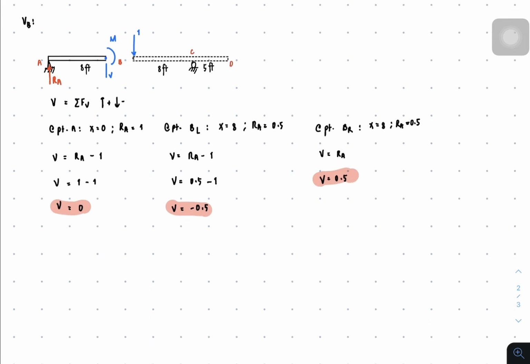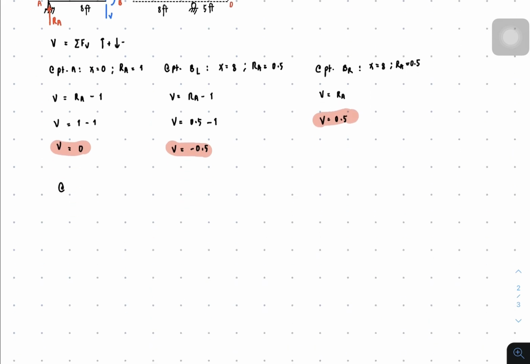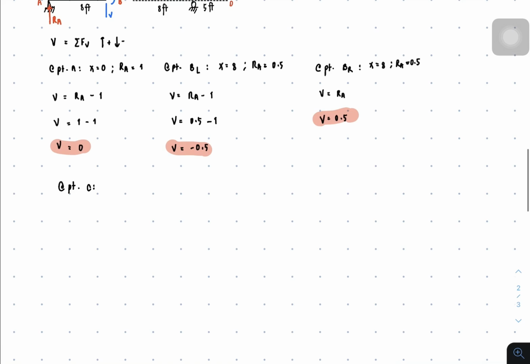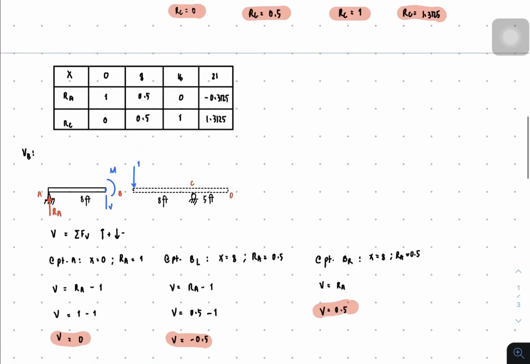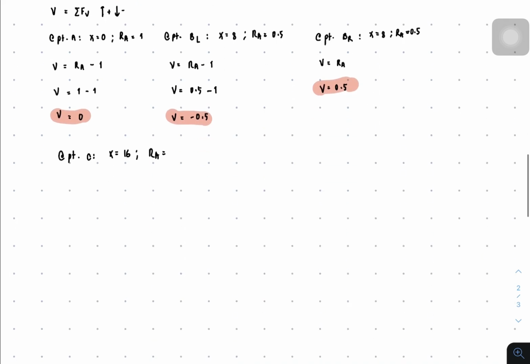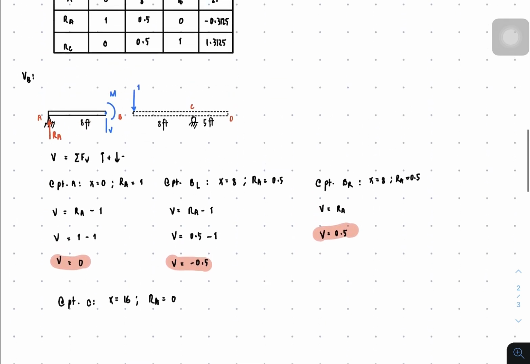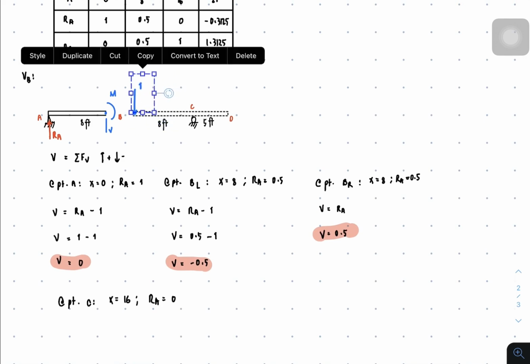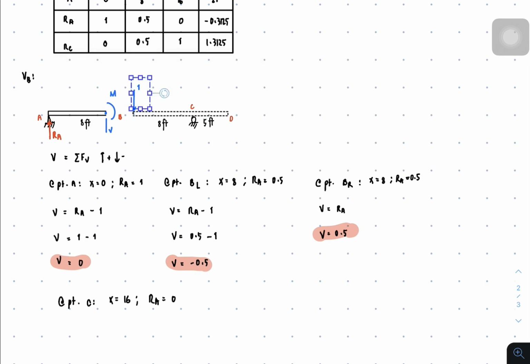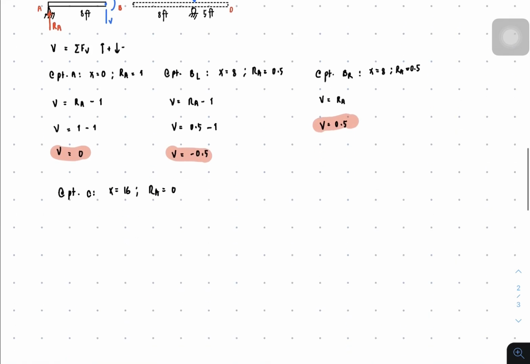Next we're going to place the load at point C, and we have X equal to 16, therefore RA is equal to 0. So RA is 0, and we will be transferring this 1 unit load, so naman to, we will be transferring the load at point C, so it's no longer part of the section again.